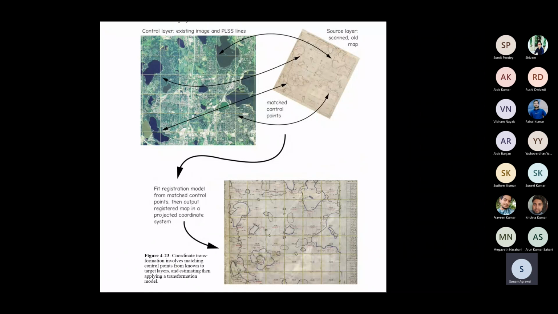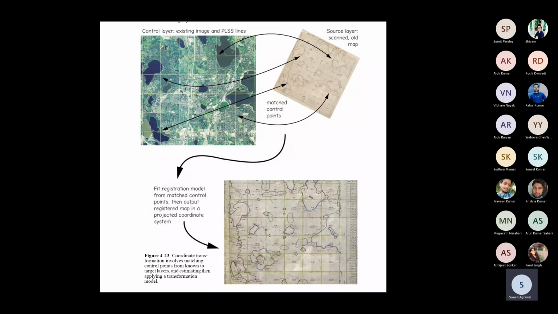When you mark the fourth control point, the error will automatically get computed, because there will be two sets of values: one which is marked by you and another which is computed by the software using the affine transformation. The whole thing was demonstrated earlier, so I hope everyone remembers it. In affine transformation, we never mark the minimum number of points.